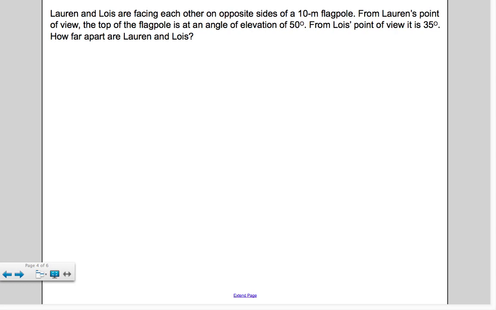From Lois's point of view, it is 35 degrees. How far apart are Lauren and Lois?